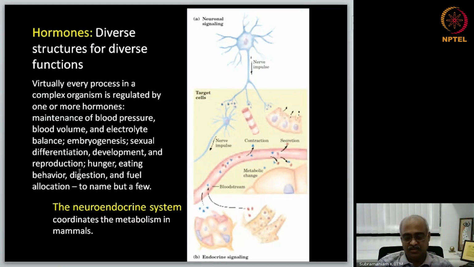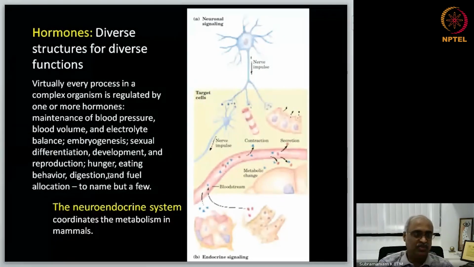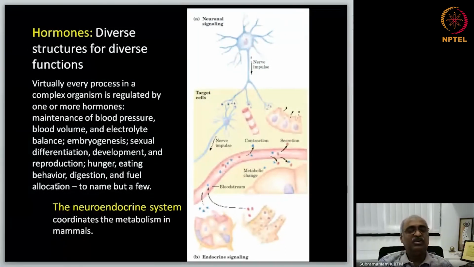So we saw the role of testosterone, estradiol, and progesterone yesterday. Hunger, eating behavior, digestion, fuel allocation. So virtually everything is subject to regulation by hormones and to some extent neuroendocrine systems. Sometimes neuronal signaling will be essential to stimulate the endocrine system or control endocrine function. So we will see examples of that as we go along.